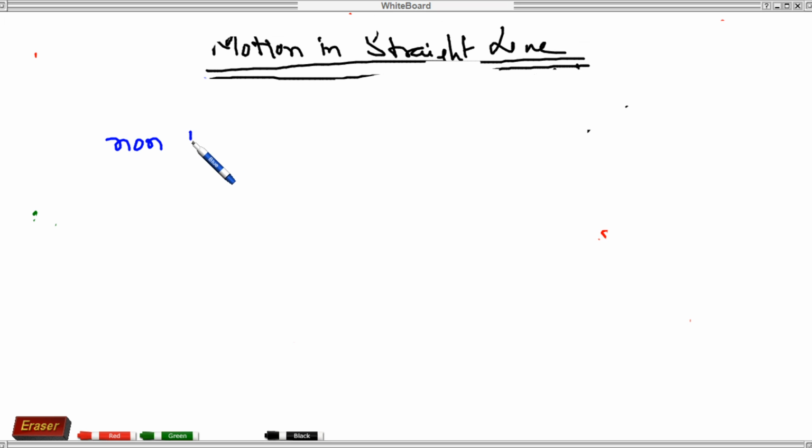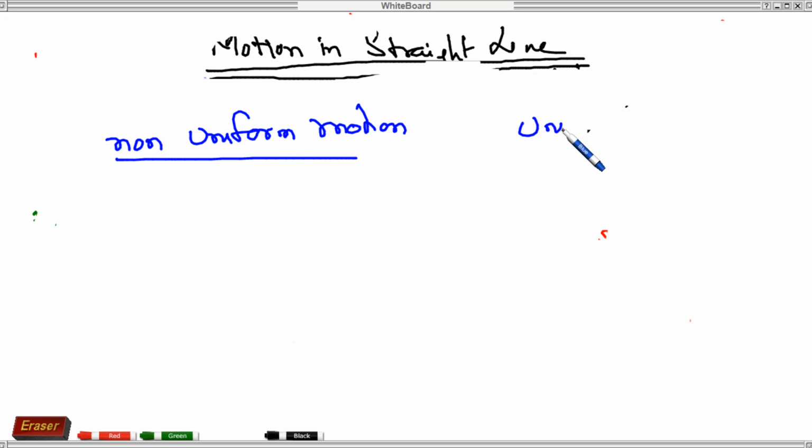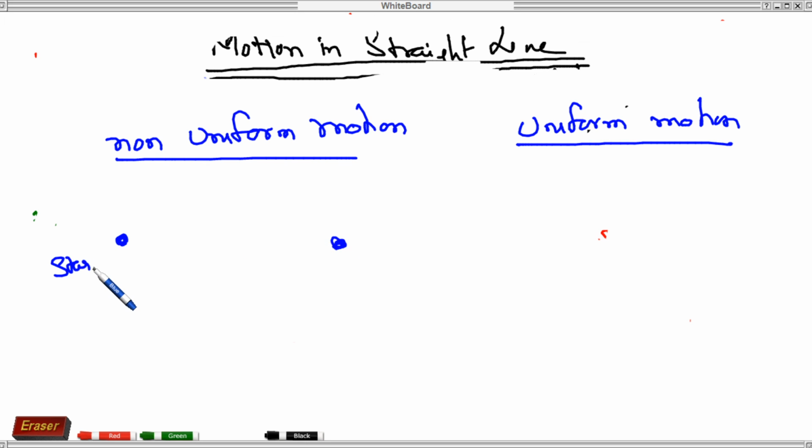So we'll discuss non-uniform motion and uniform motion. Suppose it started from this starting point and ended at this end point.